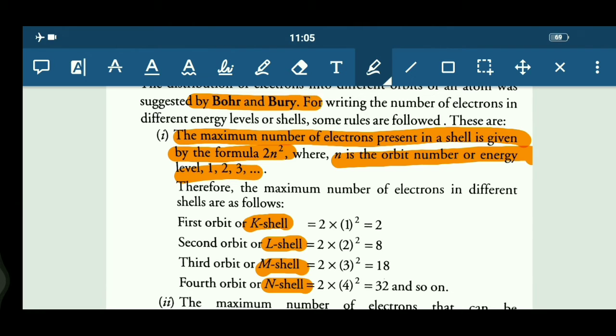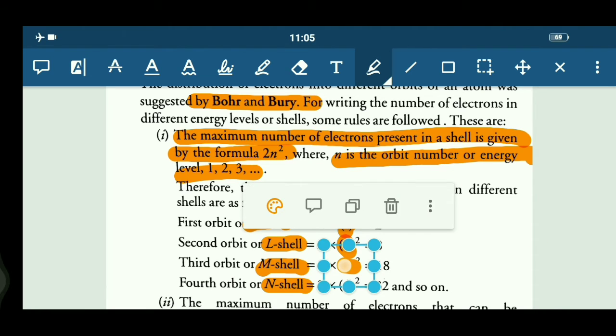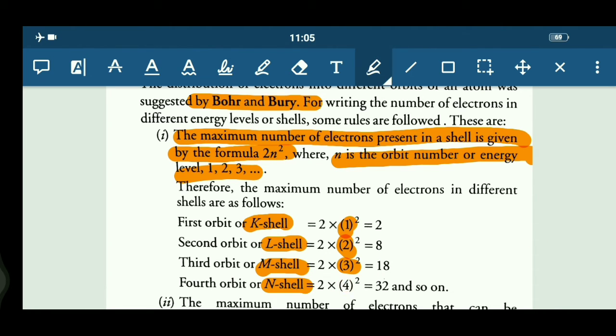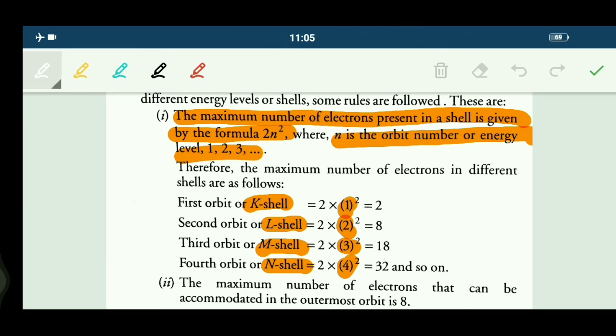For the first orbit it is 1, for the second orbit it is 2, for the third orbit it is 3, for the fourth orbit it is 4. Fine, children? So 2n square, that is 2 into n square. Here n in the K shell is 1, in the second orbit it is 2, in the fourth orbit it is 4, and the third it is 3.